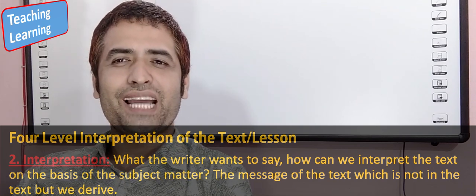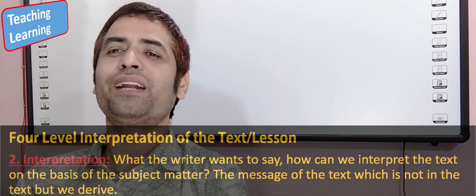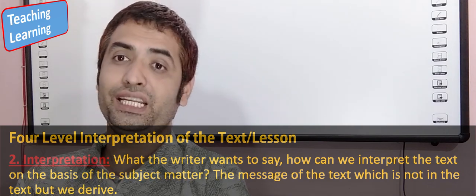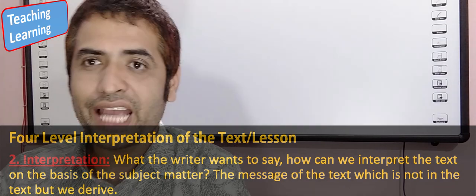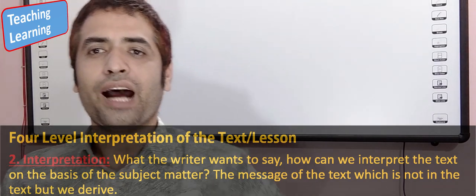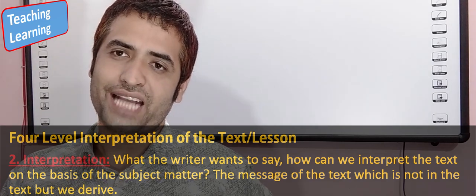Some people often say that it is the moral message of the story, poem, or essay, but it may not be clear. So in interpretation, when we read the text, we try to see how we interpret it.